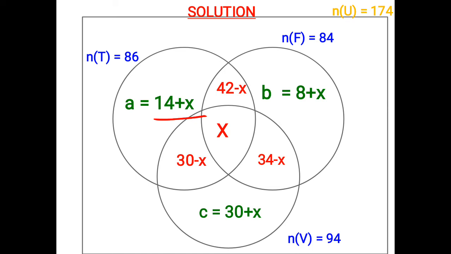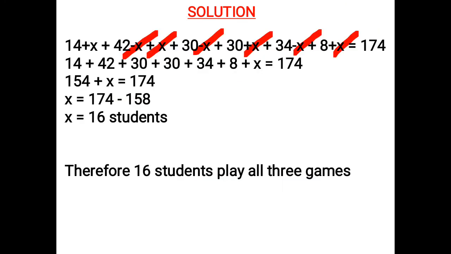So we just add everything, then we equate to the total. So 14 plus x, now we know our a to be 14 plus x, so we will not use a again. Same applies to b and c. 14 plus x plus 42 minus x plus 30 minus x plus 8 plus x plus 34 minus x plus 30 plus x should be equal to 174, and that is what we have here.